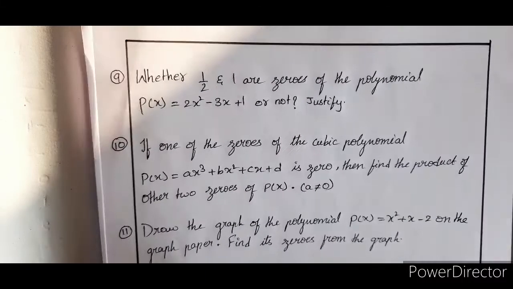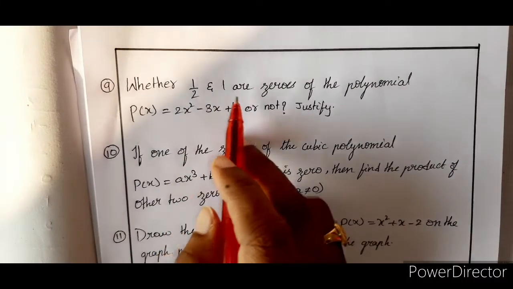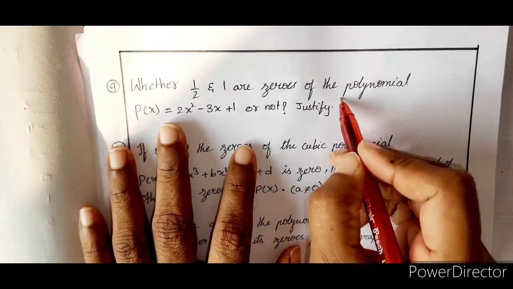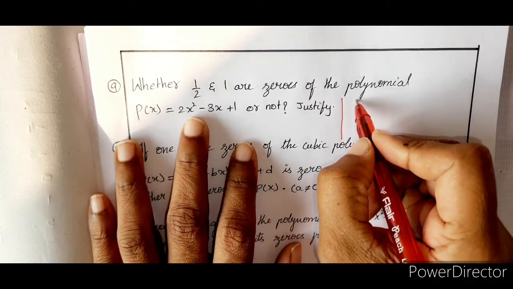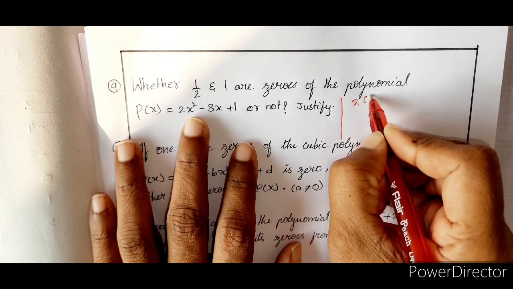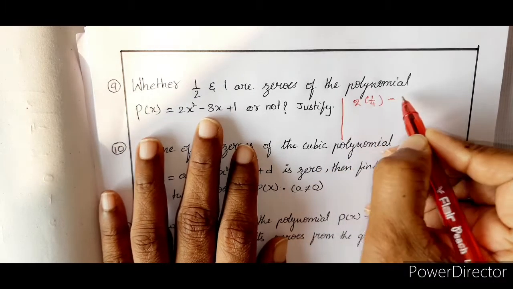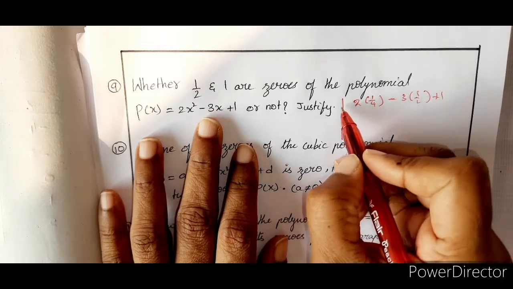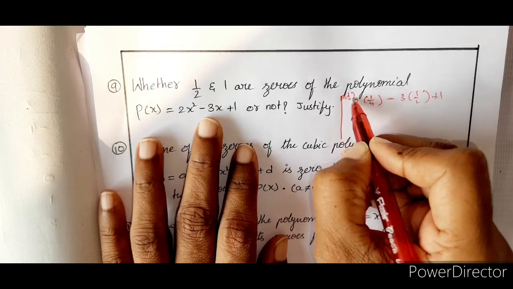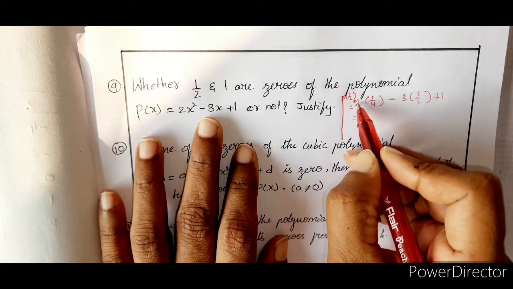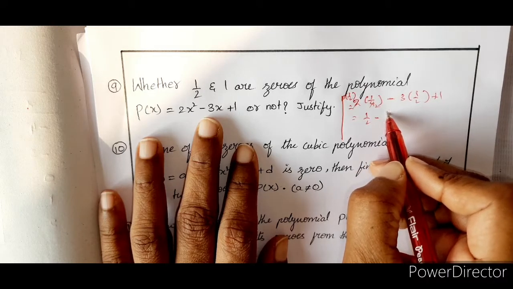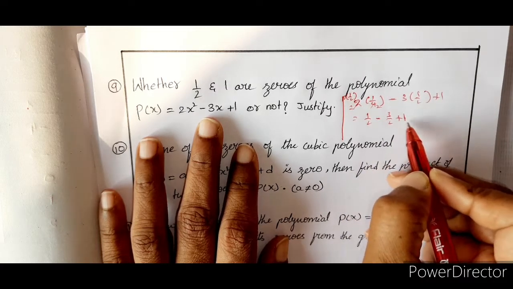So now let us see the next problem. We have to find whether half and 1 are zeros of the polynomial. Let me find it here only. So 2 into half whole square is 1 by 4, minus 3 into 1 by 2, plus 1. So this is p of half. P of half is equal to 2 into 1 by 4, that is 1 by 2, minus 3 by 2 plus 1.